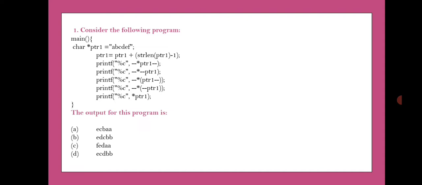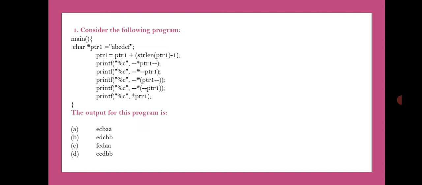If you have guessed this, let's look into it by putting it in a string array, how A, B, C, D, E, F is associated and how ptr1 is pointing.